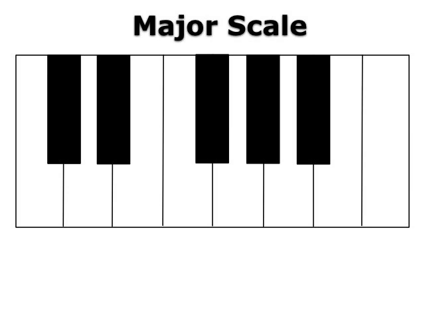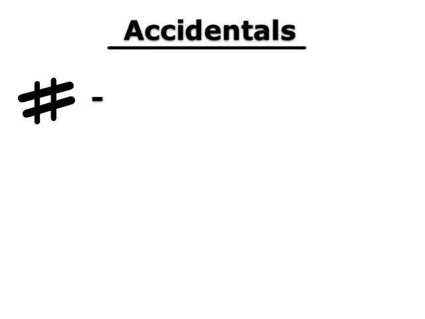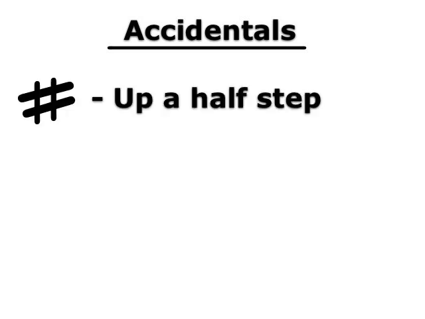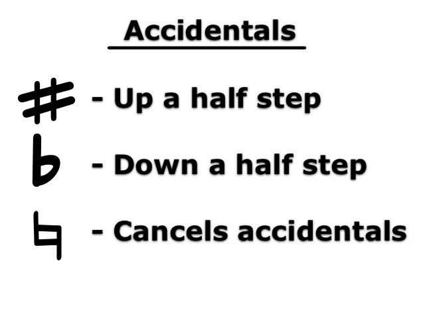To do so, we have to introduce accidentals. An accidental is used to move your desired pitch up or down by one or more half steps. The 3 most important are the sharp, which moves a pitch up by 1 half step, the flat, which moves a pitch down by 1 half step, and the natural, which eliminates any prior accidentals from your desired pitch.